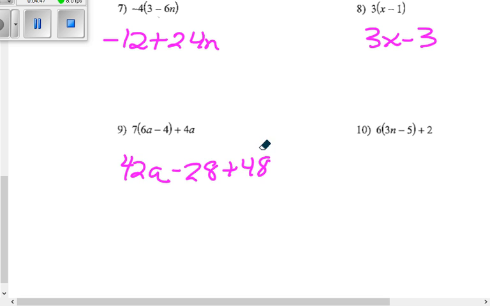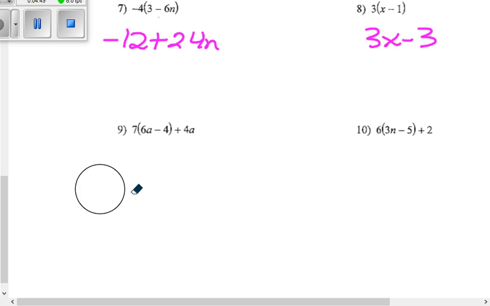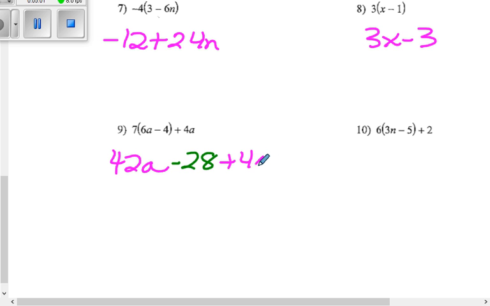Let me do it this way. Got distracted. 42a, then we have a minus 28, and we have a plus 4a. So we distributed, that's combined now. 42a and 4a is 46a, and then minus 28.